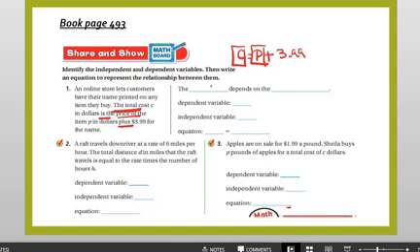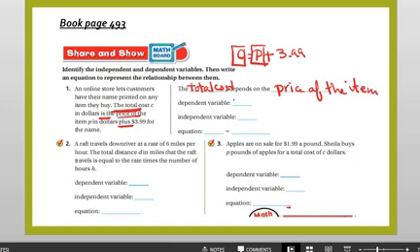So the C here, or the total cost, depends on the price of the item.